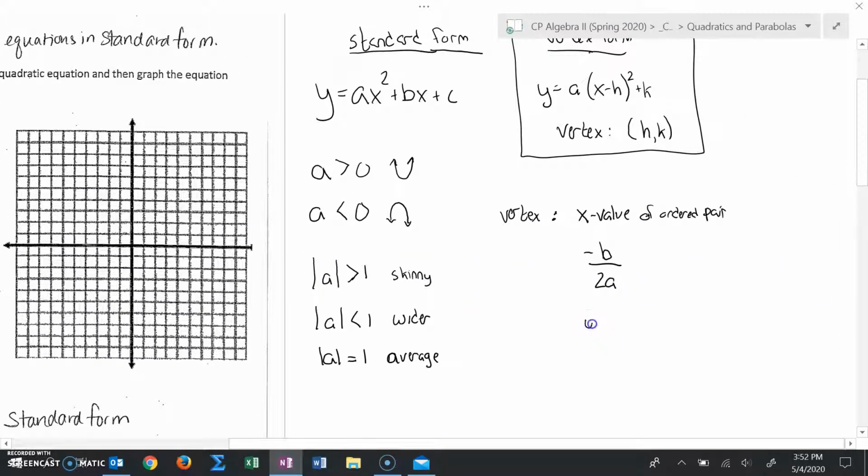To find the y value of the ordered pair, you're simply going to plug the -b over 2a number into the equation. Plug in that -b over 2a number for x in the original equation.